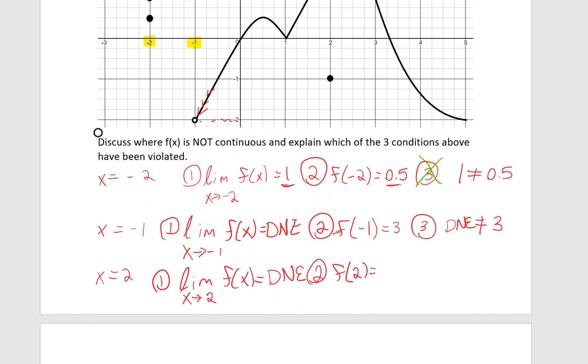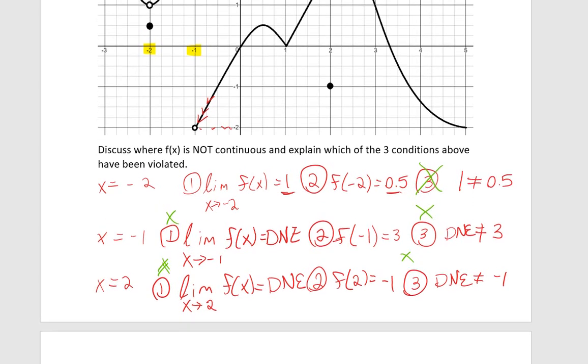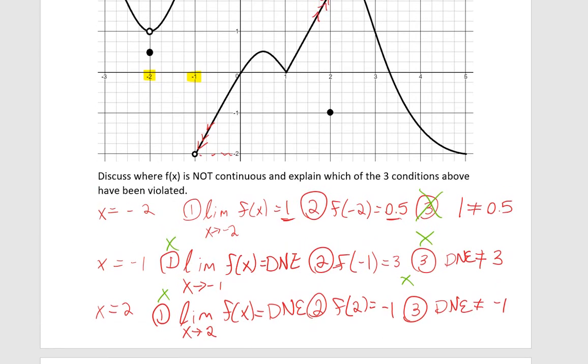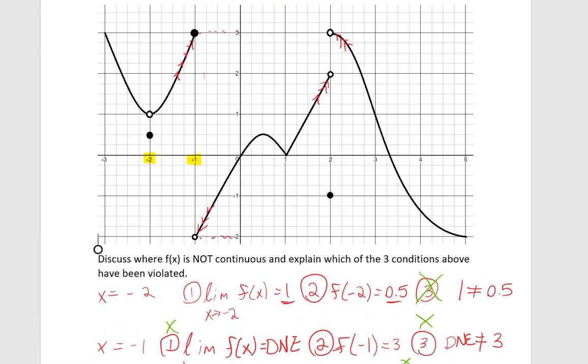Also, if I plug 2 into my function, what I actually get out, this filled-in circle, is negative 1. So, like I said, if you fail condition 1 or 2, you'll automatically fail condition 3, because the limit does not equal negative 1. So again, we fail on 1 and 3. An example of where you would fail on 2 is if you just had an open circle. For example, we would have failed here if this one didn't exist.